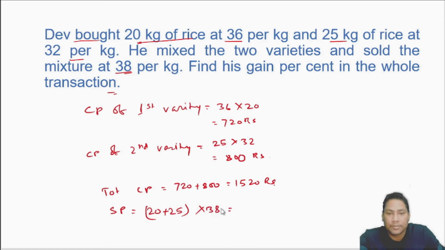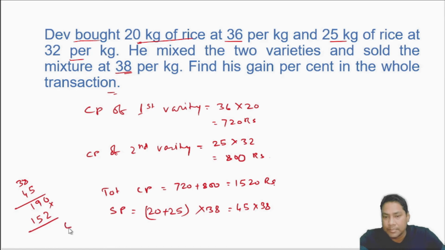This will become 45 multiplied by 38, which is 1710.